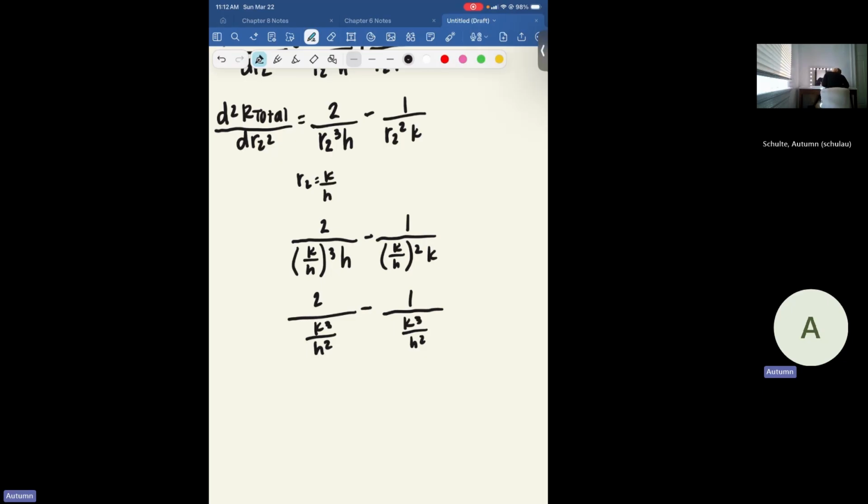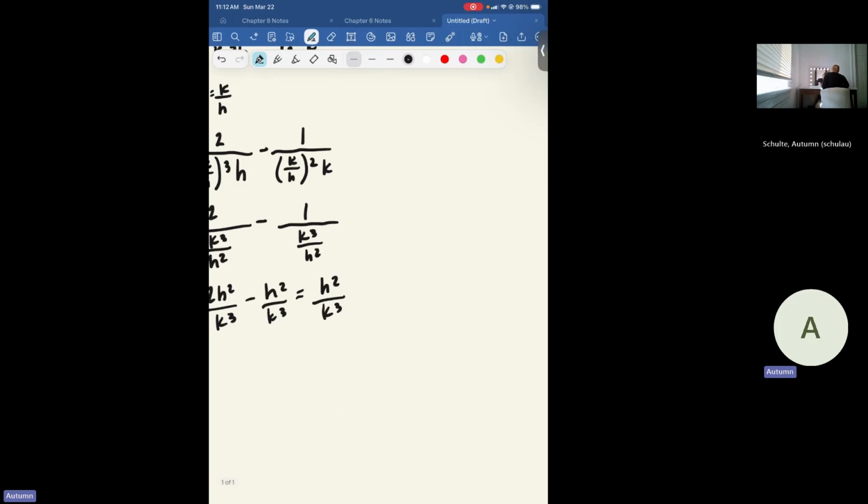And we're going to find that this is 2H squared over K cubed minus H squared over K cubed. And this is equal to our heat transfer coefficient squared divided by our thermal conductivity cubed. And look at that, that is a positive number. That means that our first derivative is increasing, which means R2, our outer radius, is a minimum.